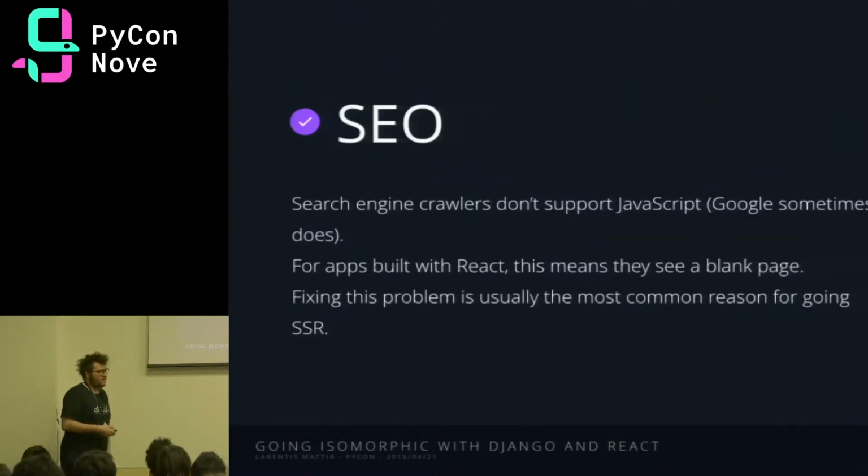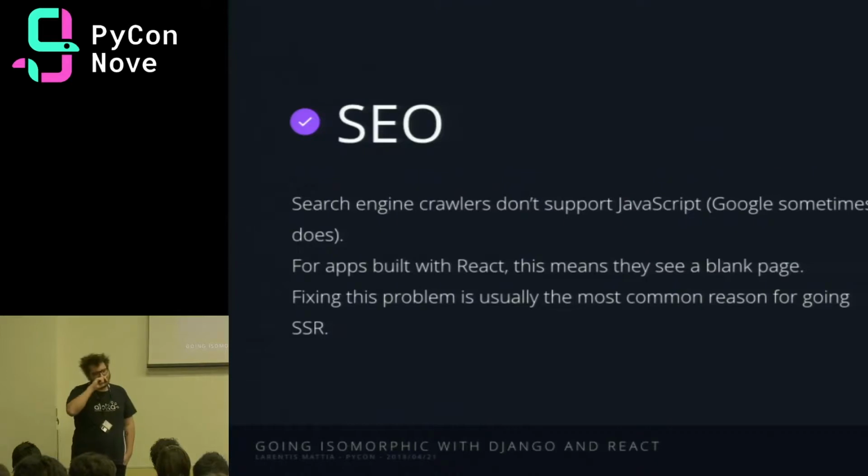For example, SEO, the search engine crawlers, is of course a pro. There are companies like Google, Bing, and so on that go all over the web searching for websites, crawling the content, building a database, and allowing users to search in this data through a web page like Google.